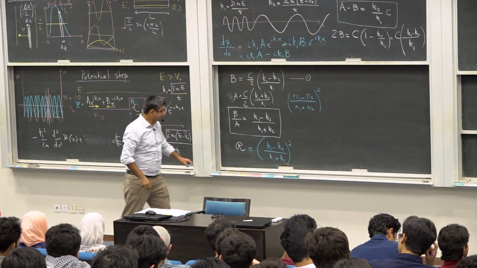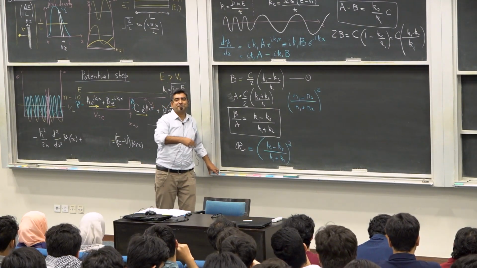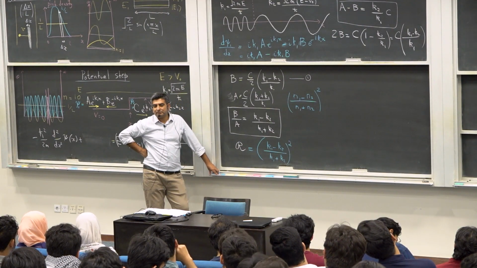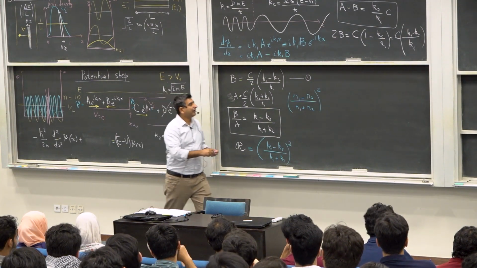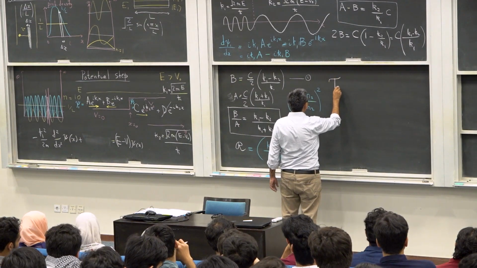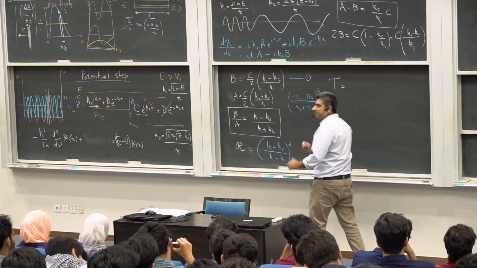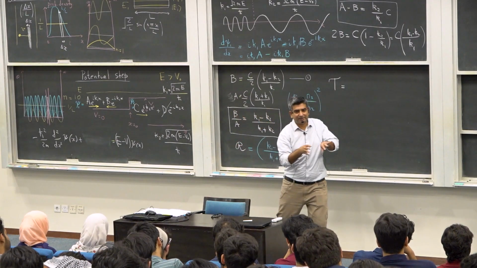By the way, can I calculate the transmission coefficient? So how can I calculate the transmission coefficient? The transmission coefficient T is the probability that a particle comes in, sees this potential step, and is transmitted.